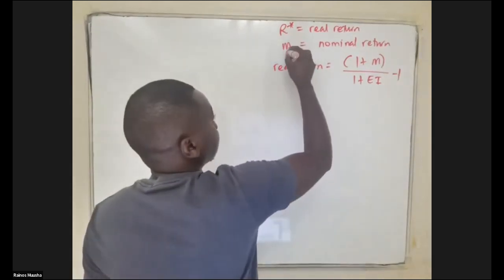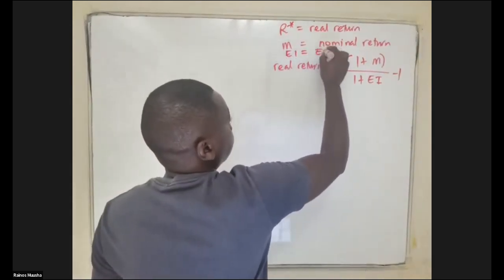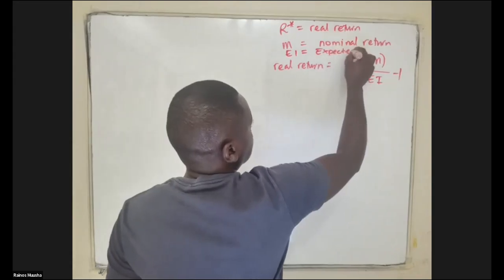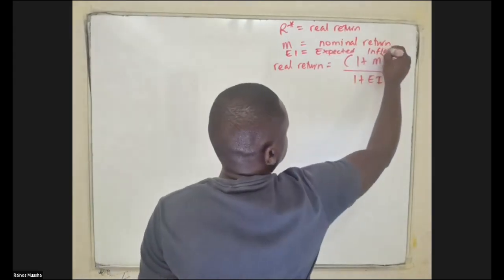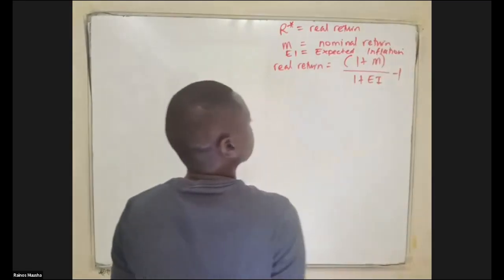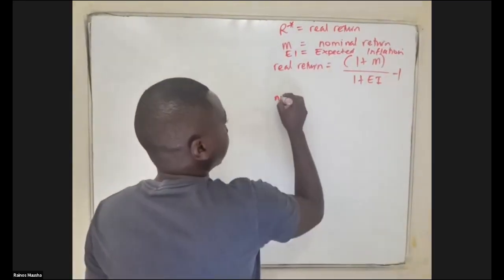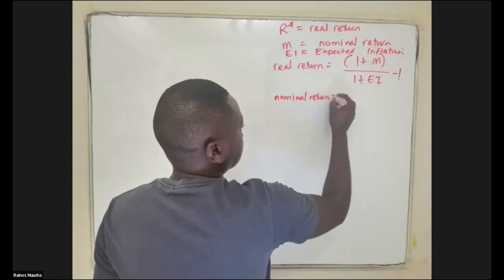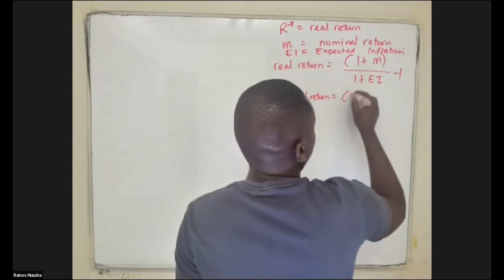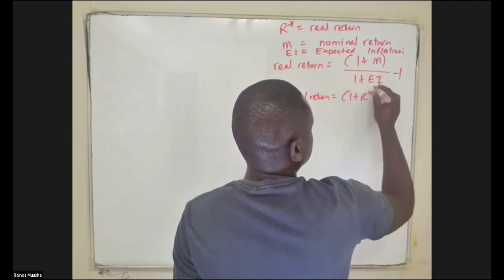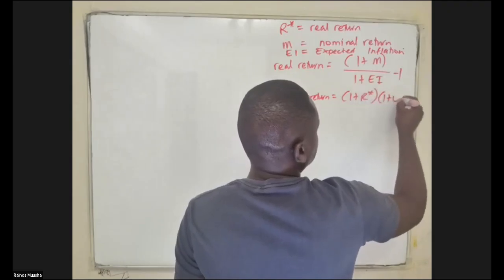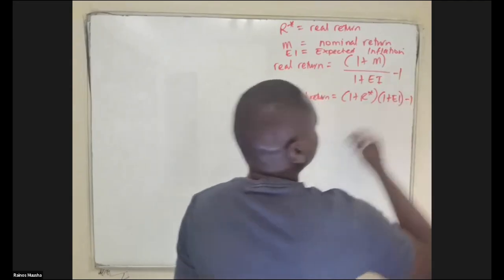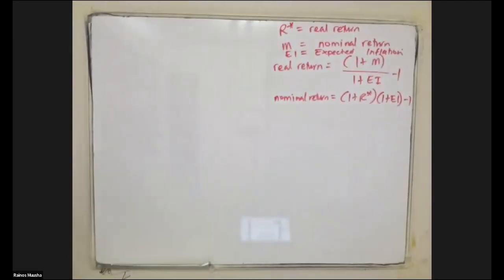So your EI is basically expected inflation. Your nominal return is given as 1 plus real return multiplied by 1 plus expected inflation, minus 1. So please take note of these formulas, for those who had not gotten them.